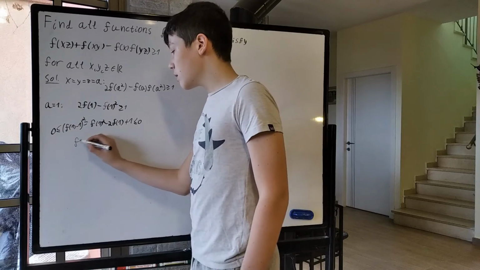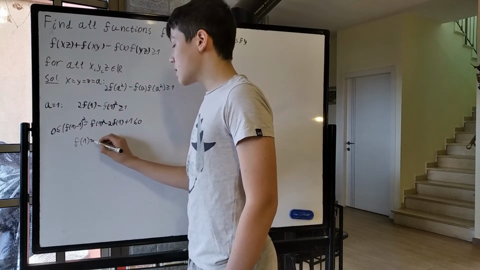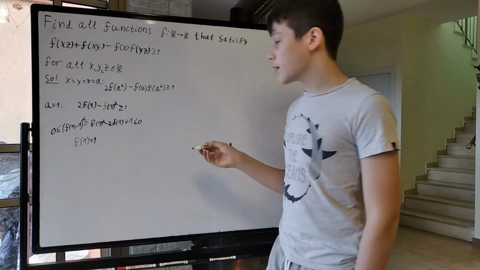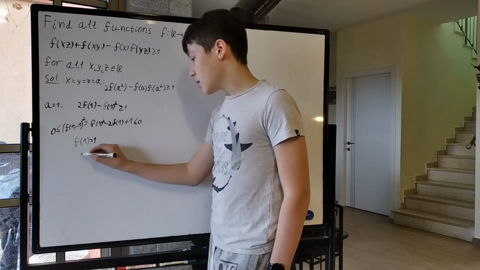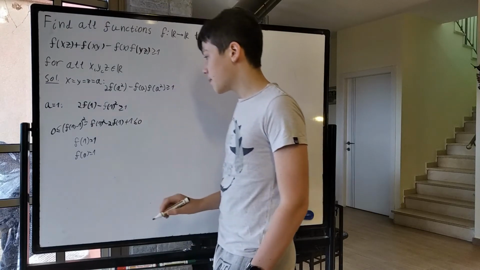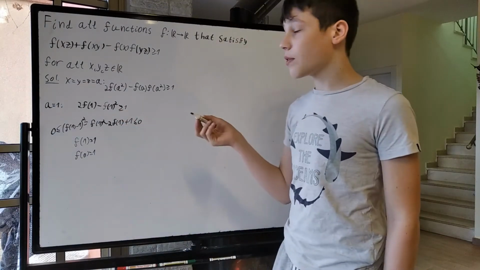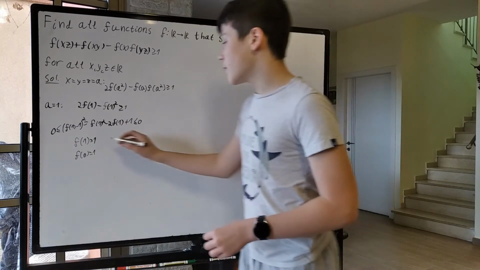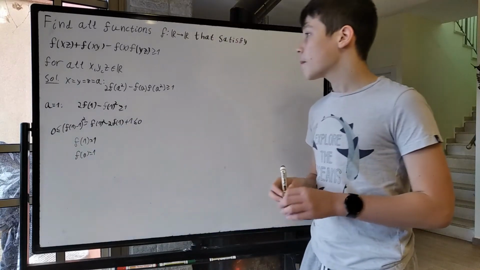So f of 1 has to be 1. And similarly, if we plug in a is equal to 0, we get the same thing. F of 0 is equal to 1. So just f of 1 is replaced with f of 0, and then everything is the same. So now we have these values for the function.